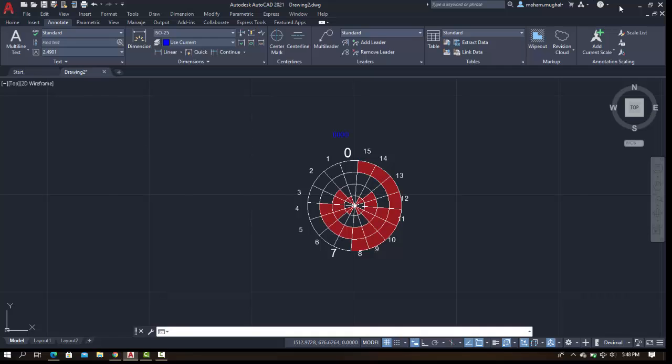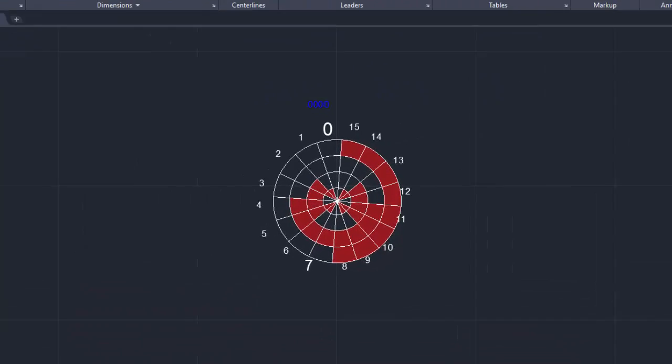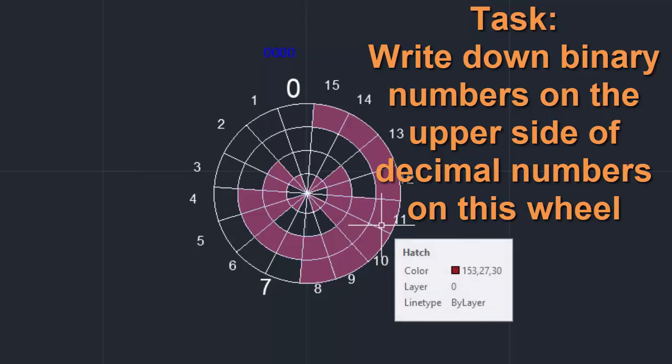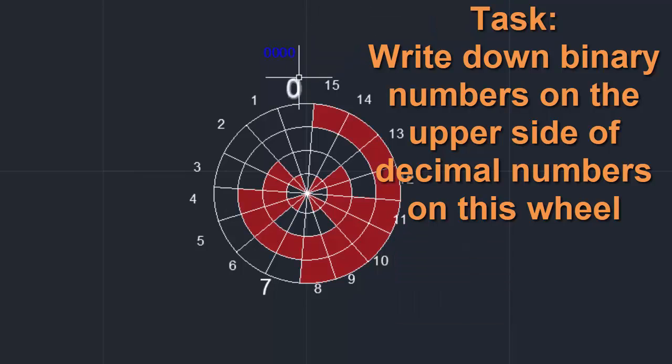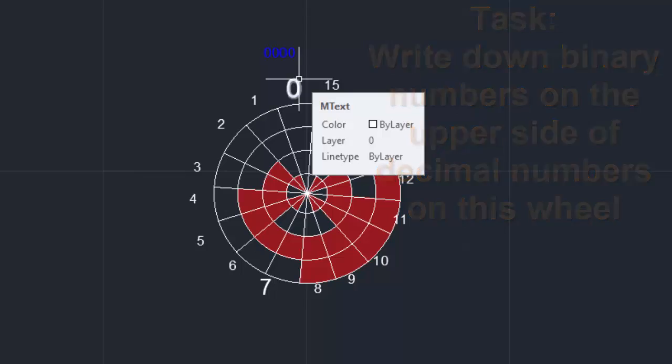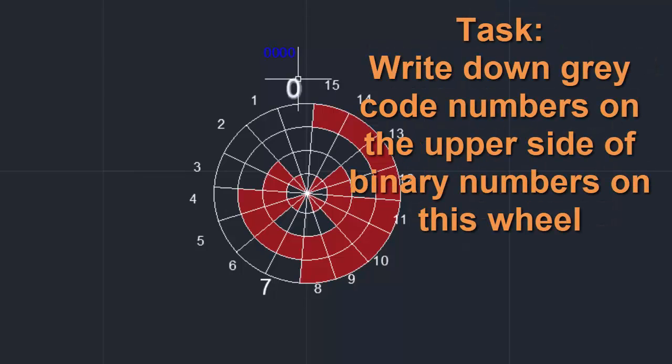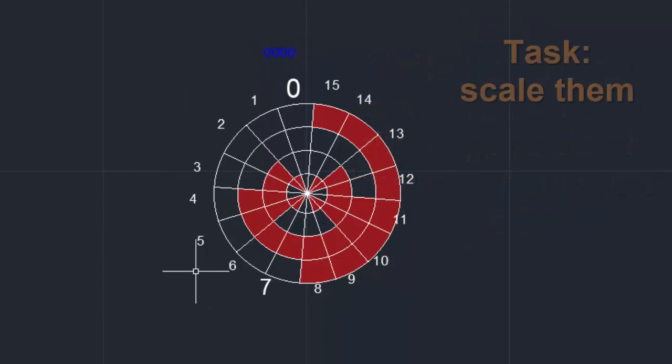In decimal numbers, we have written the decimal numbers already. The task you have is to write down the binary numbers, like what 0 is in binary and what 0 is in gray code. You'll write them with different colors over here, and you will scale them.